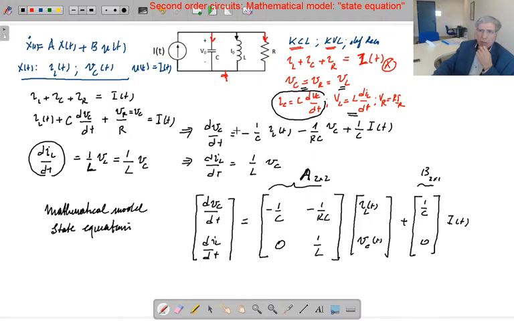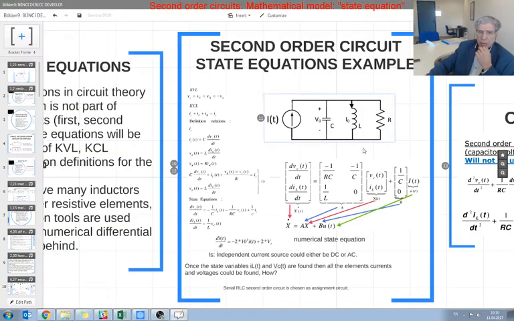So let's come back to Prezi again. Okay, this one. So we found this, you see. All this calculation has been shown as I have done it on the whiteboard in class, so we repeated it.